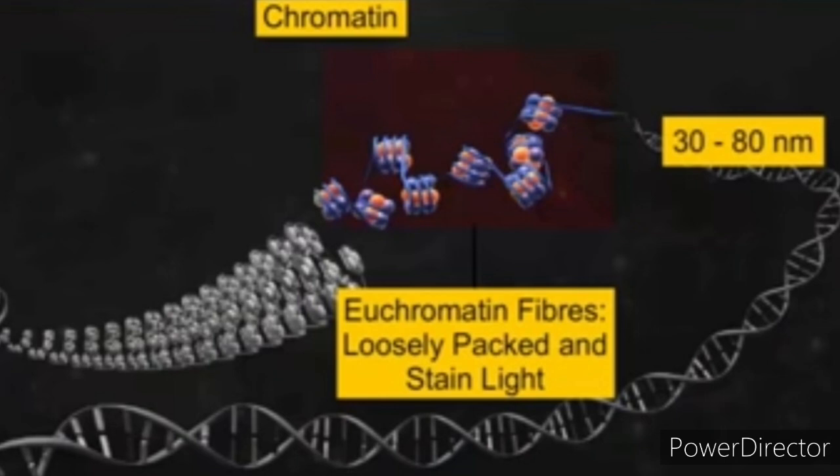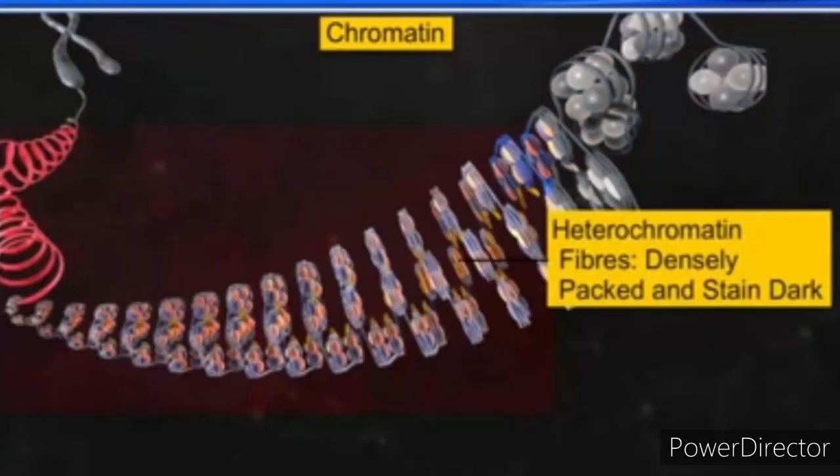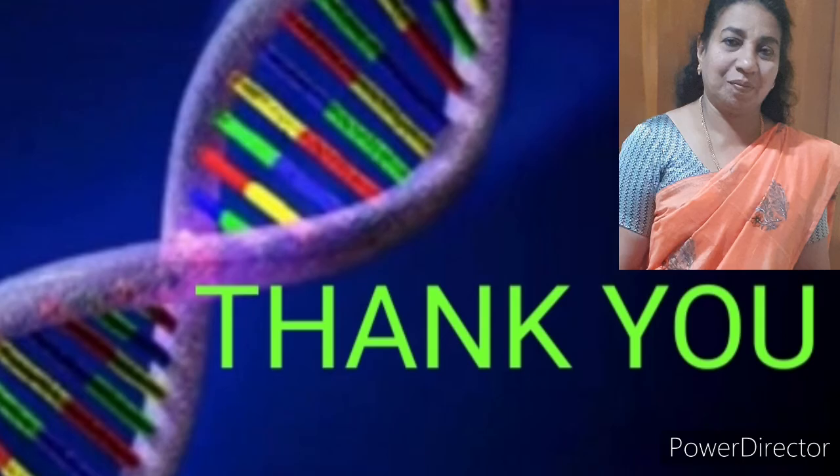The chromatin that is more densely packed, thick, and stains dark, is transcriptionally inactive and is called heterochromatin, which is 300 nanometer.